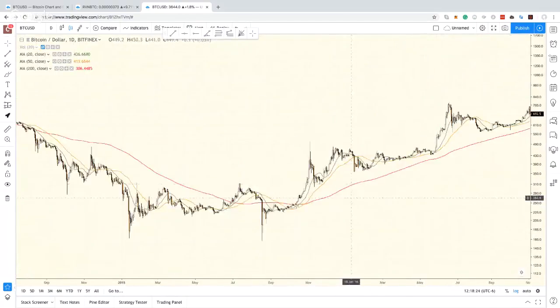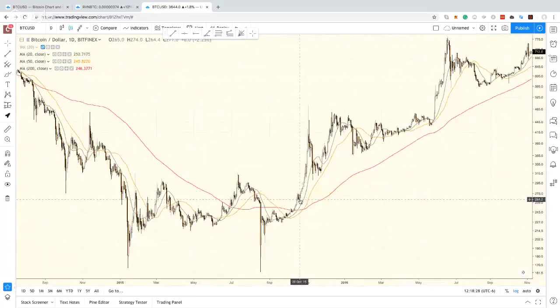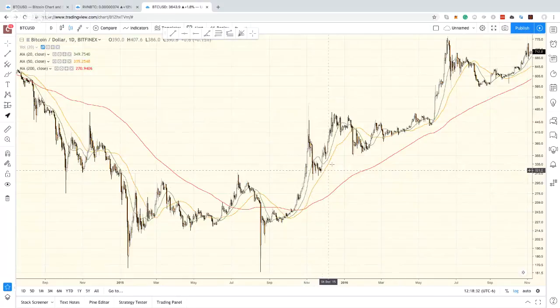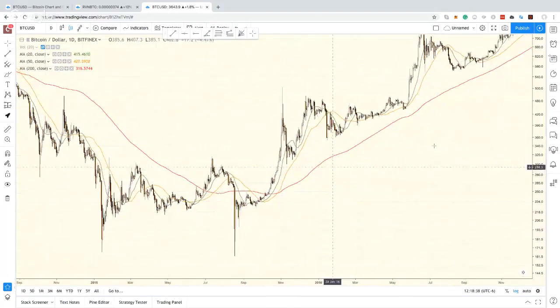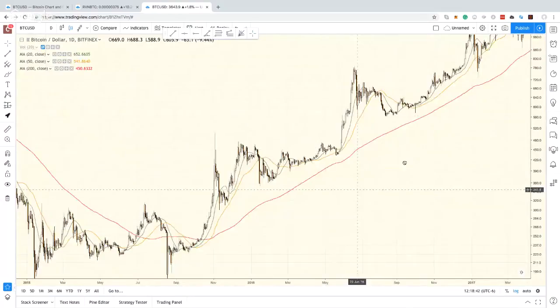Why the 20 MA? The 20 MA is a really fast moving average. This is the short-term trend. The 50 MA is most support and resistance, and the 200 MA tells you the principal trend in the bigger time frames.